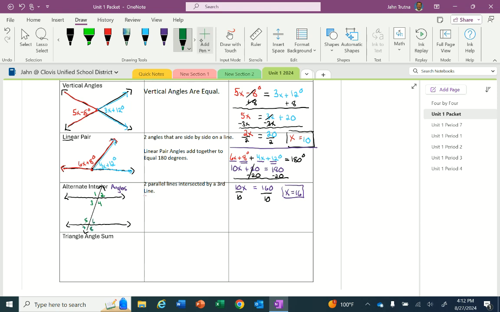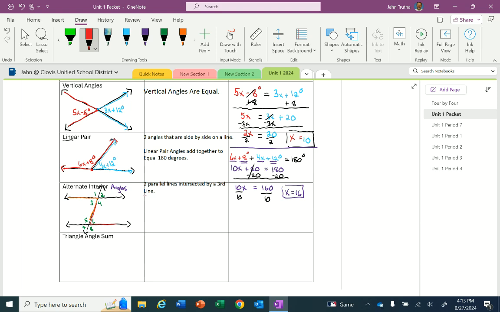An example of alternate interior angles would be angle 3, which I'm outlining in orange, and angle 6, which I'm outlining in red. If you notice, they share a side, and both of the angles are on the inside of the parallel lines, okay?